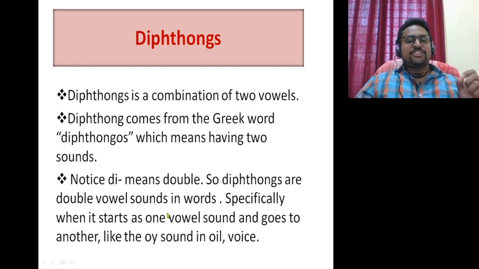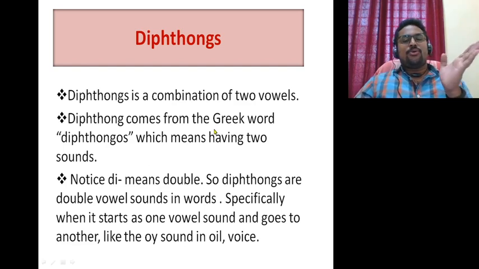Specifically, a diphthong starts as one vowel sound and goes to another, like the sound oi as in oil and voice. Here in the word oil we are getting two vowel sounds, o and e, coming together.